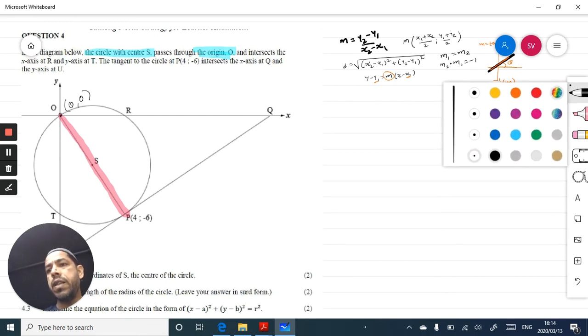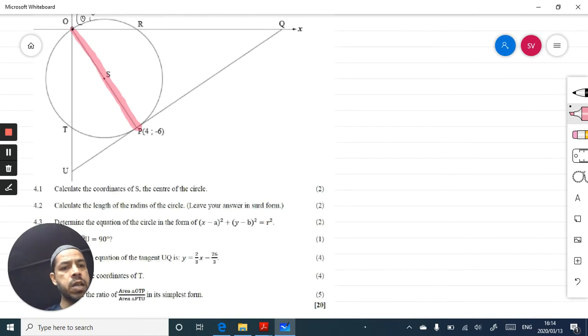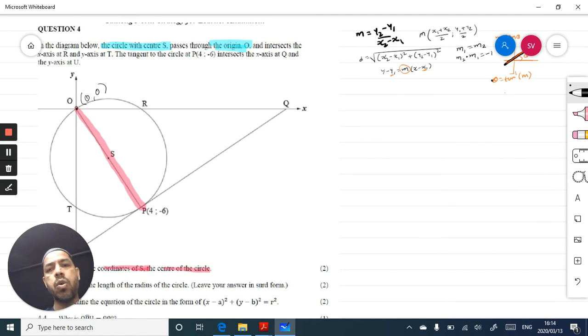It means I will be able to calculate the coordinates of S, the center of the circle. So in my question, they are looking for the coordinates of S, the center of the circle, which is nothing but the midpoint of the diameter OP.